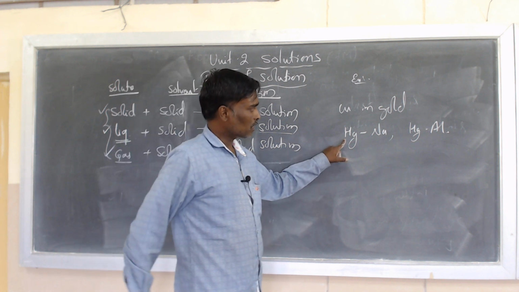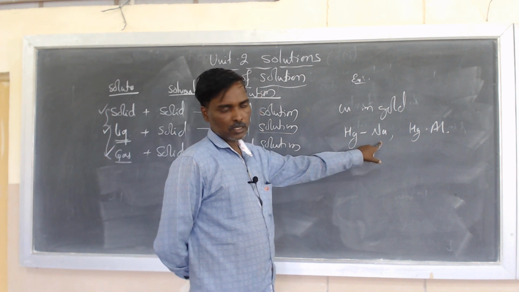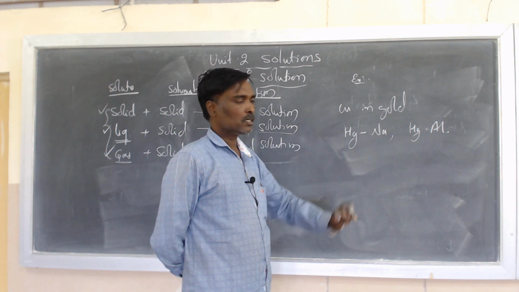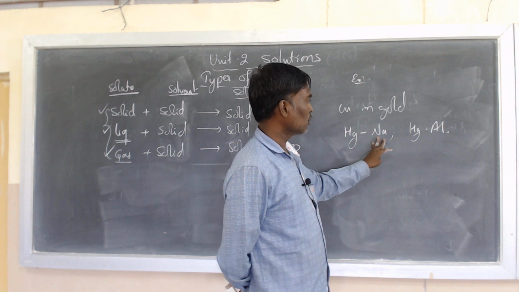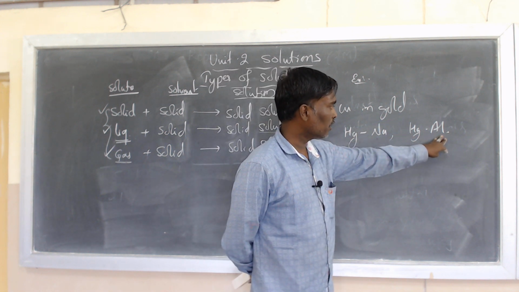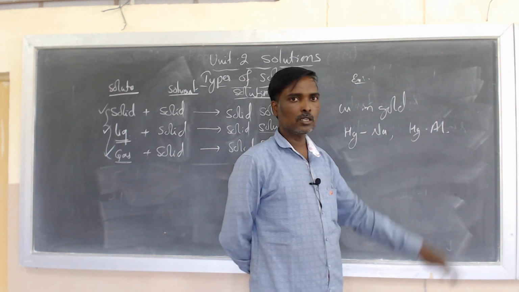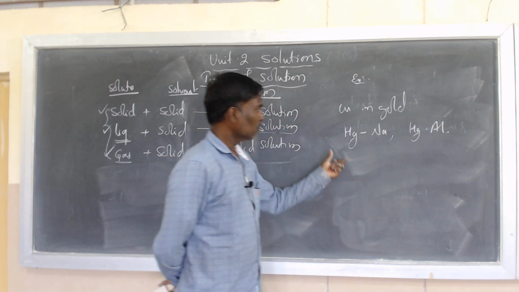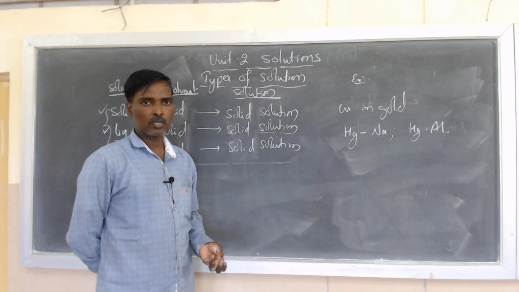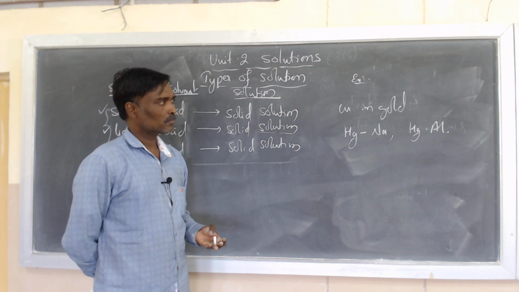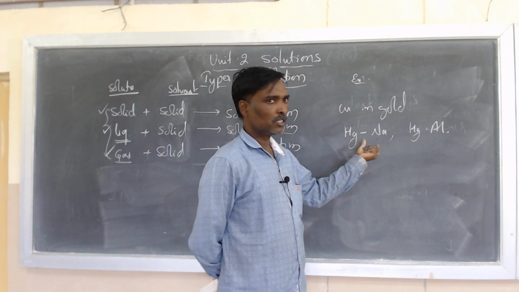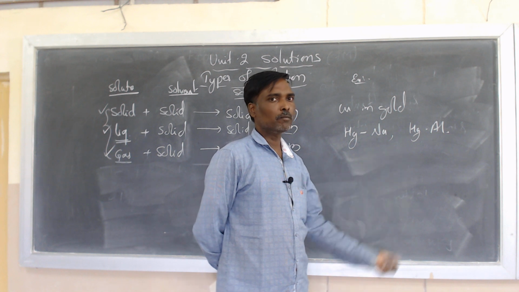Mercury is in liquid state, sodium is a solid. The liquid dissolves in that solid and forms an amalgam, which is called a solid solution. So this is an aluminium amalgam where mercury dissolves in aluminium. Mercury dissolves in almost all the solids except iron. Except iron, mercury forms its amalgam with almost all the metals.